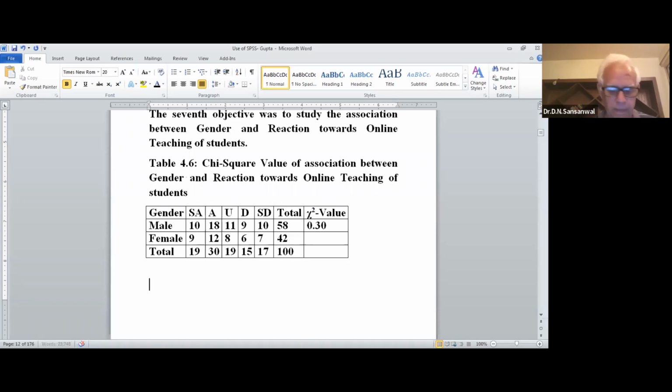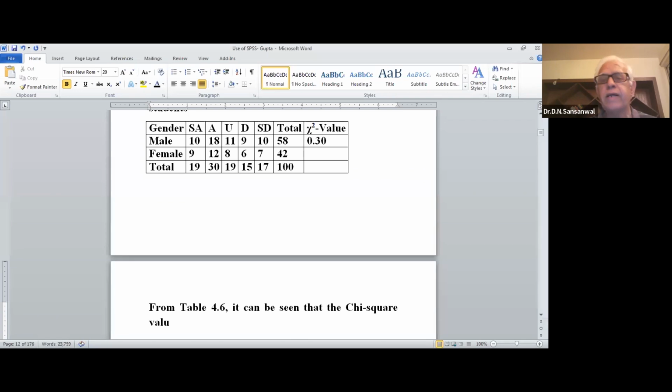Now, from table 4.6, it can be seen that the chi-square value is 0.30, which is not significant.